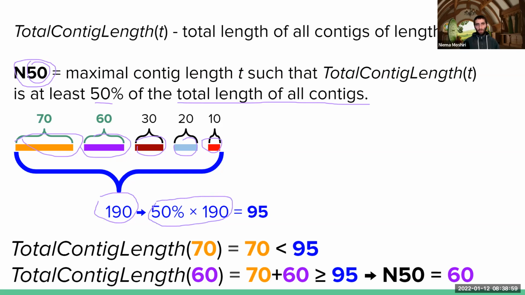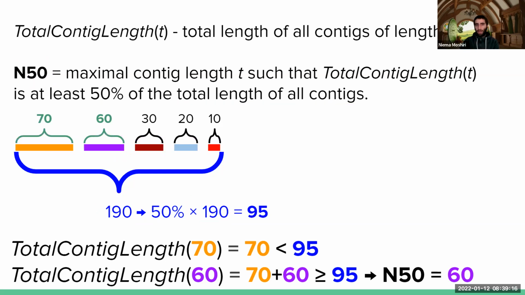This is useful if I have no idea about anything about whatever virus I'm looking at. But what if I somehow knew the true length of the genome? What if someone magically told me, hey, COVID-19 has a genome length of 29,000.